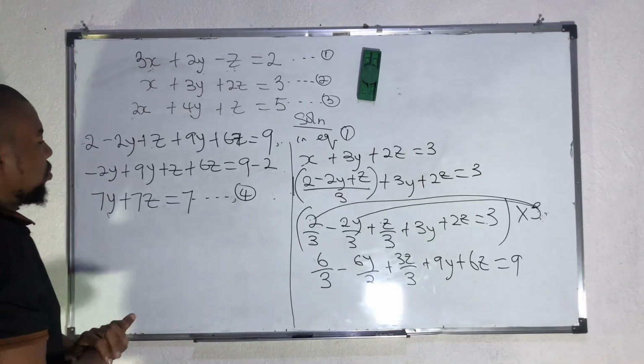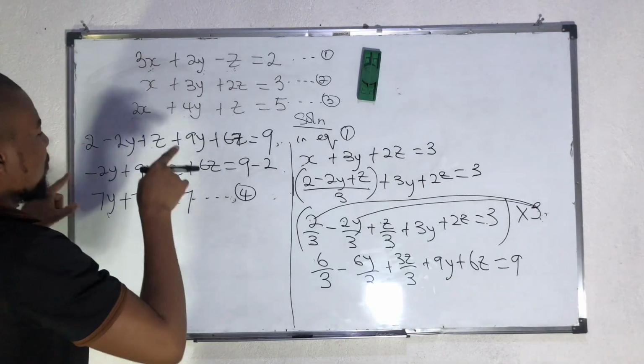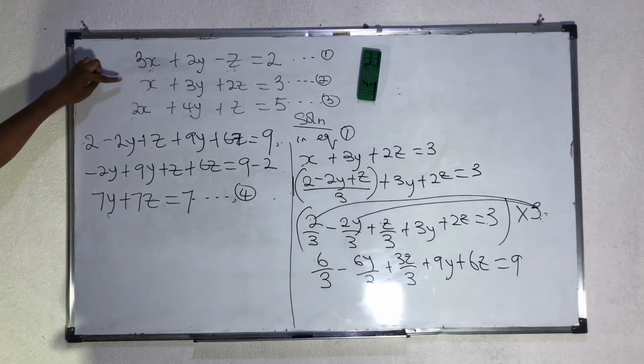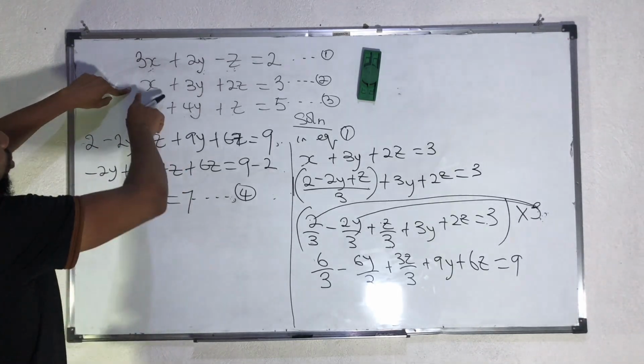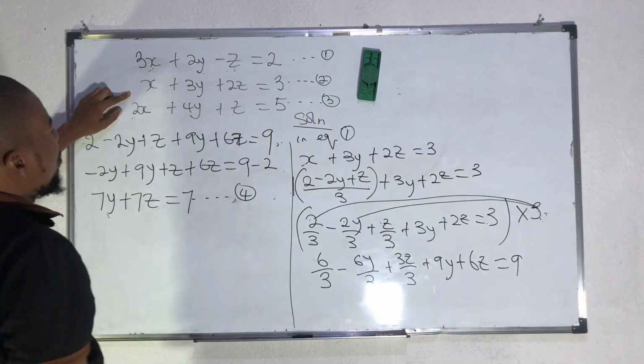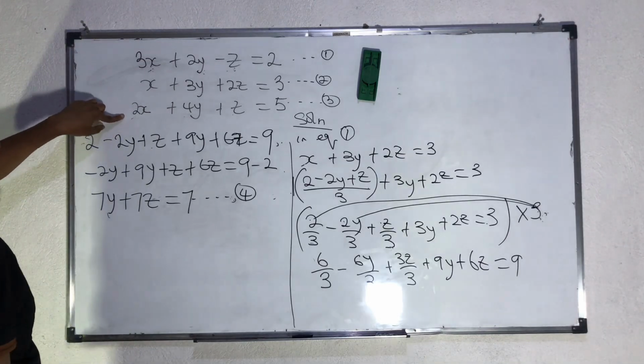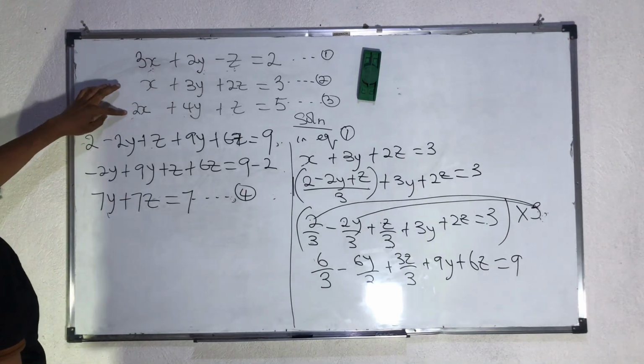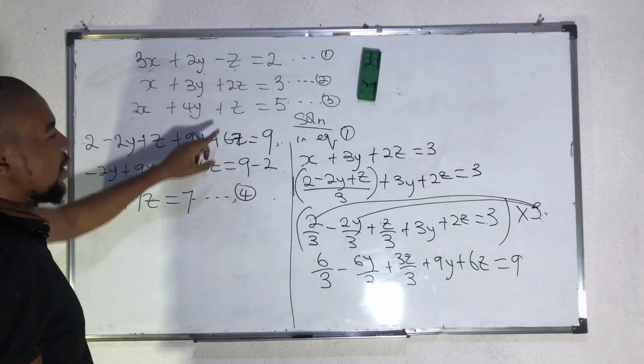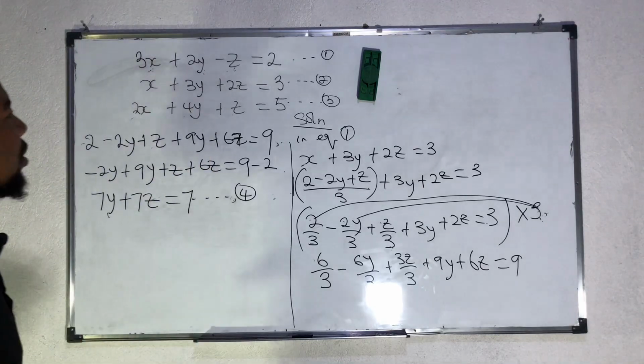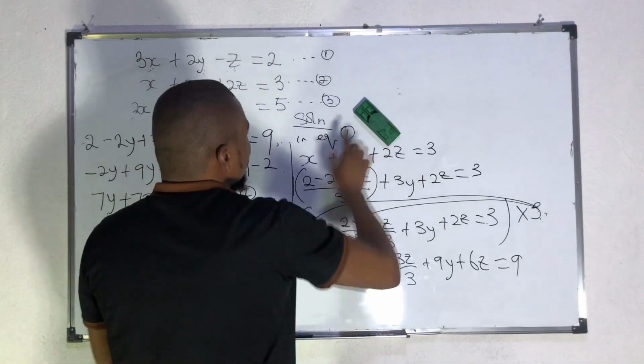The next thing that we're going to do right now is to look for the fifth equation. Remember that we substituted the value of x into equation 2. Now we're going to do another substitution into equation 3. Let me also write down the value of our x so that we don't forget.